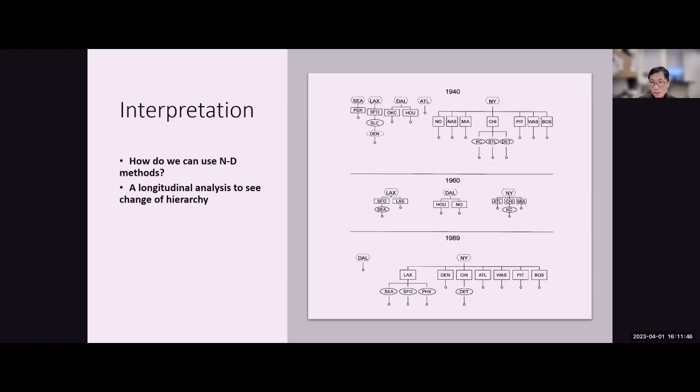But for example, here, New York is always the top city, top tier. Which means that New York has kept its dominance for more than 40 years. This is one example of how to interpret the hierarchy using the Nystuen-Dacey method.